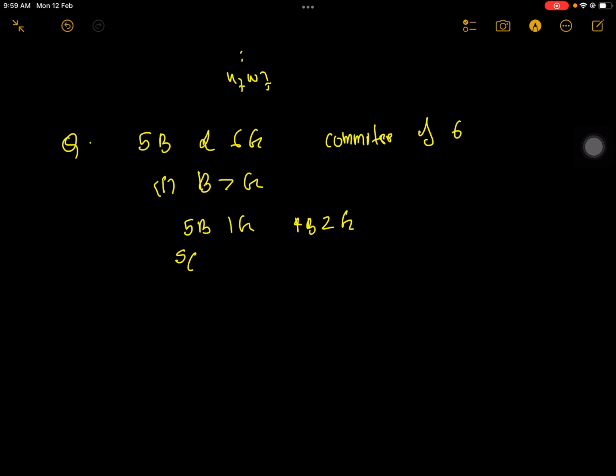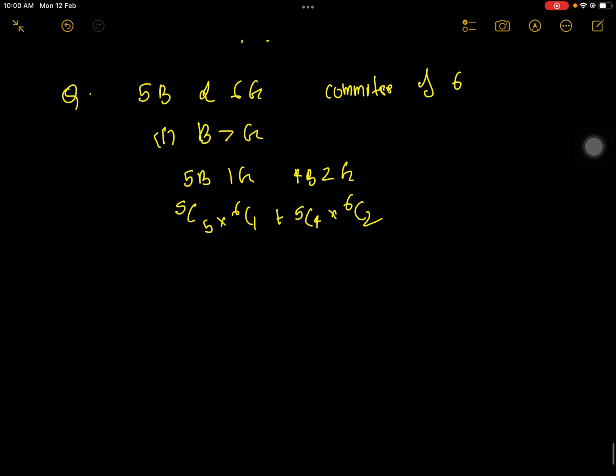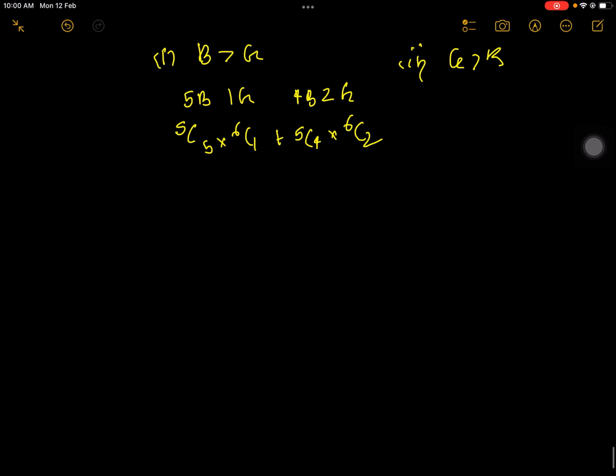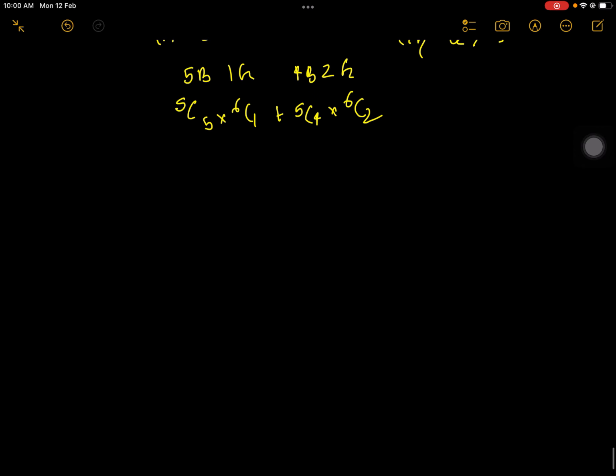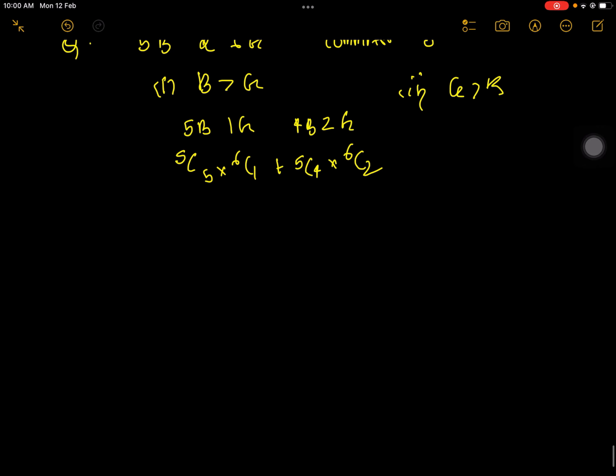So I can just write 5C5 into 6C1 plus 5C4 into 6C2. Now the number of girls, you can do it. The second question is girls, now you can solve that. This question is fine.